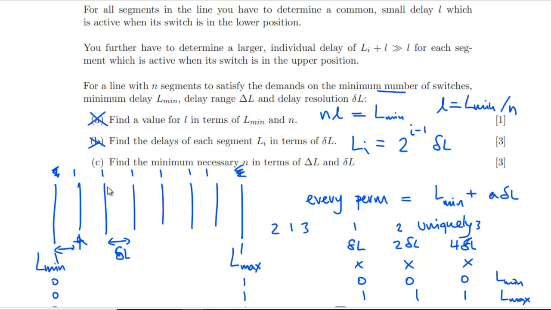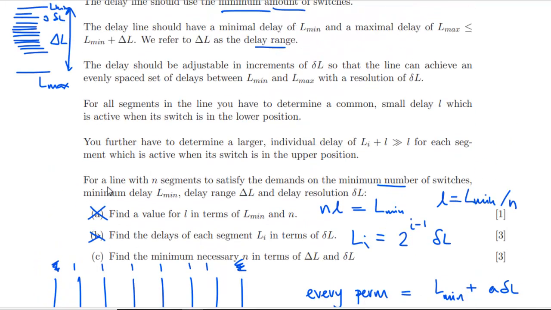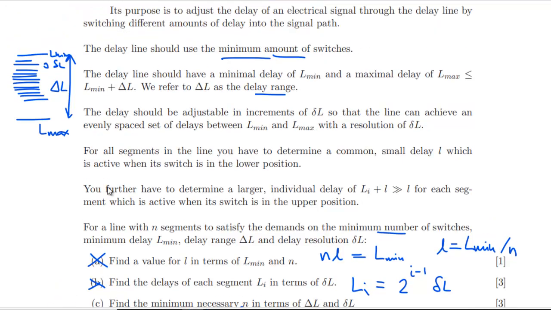So what do we know about delay resolution delta L? L max is less than or equal to L min plus delta L, because we haven't used anything about this. What is that going to mean then?